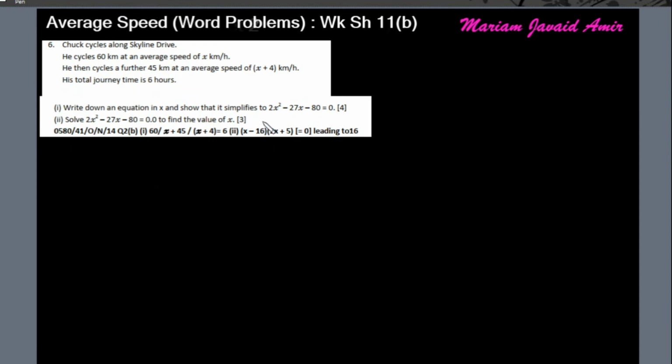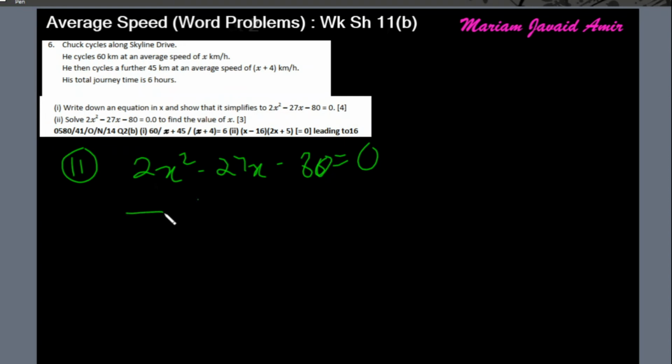For the second part, we have to solve the equation to find the value of x. Okay, so 2x squared minus 27x minus 80 equals 0. I believe this can be done by factorization. Multiplication should give minus 160. Addition should give minus 27.